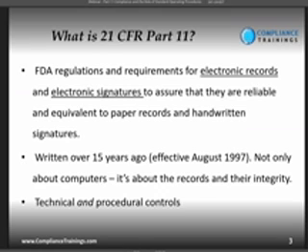That being said, with Part 11 there's been years and years of controversy. It was too restrictive, it doesn't make sense, blah, blah, blah. It doesn't fit for us. And these regulations were written over 15 years ago. Over the course of these 15 years, there's been a lot of evolving and shift of focus.